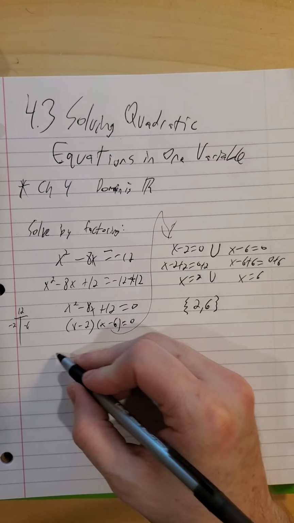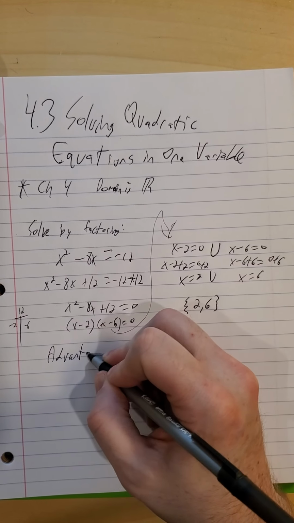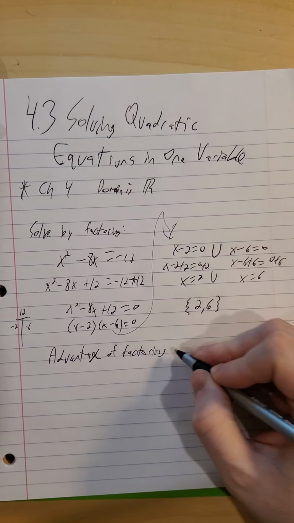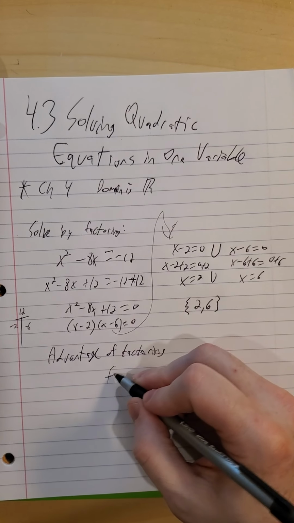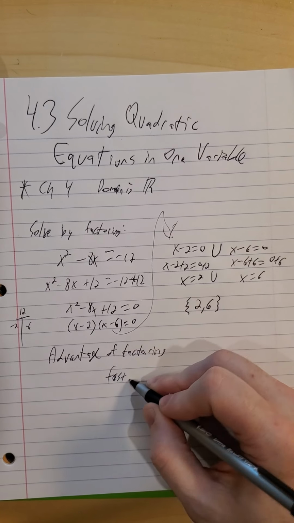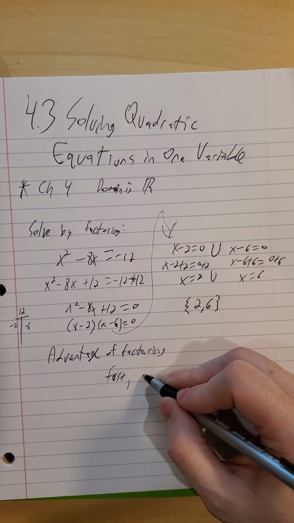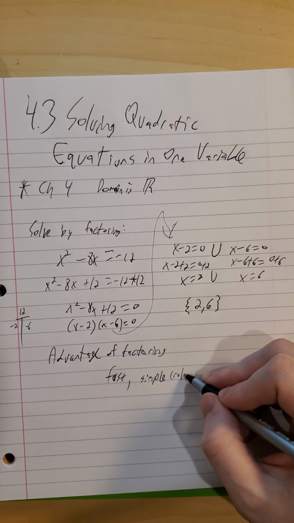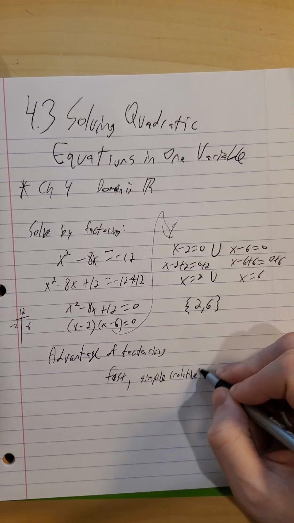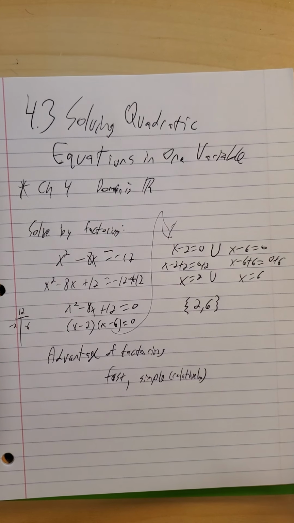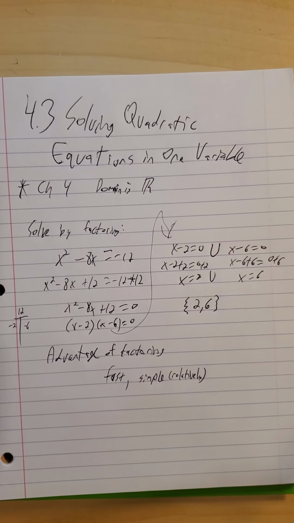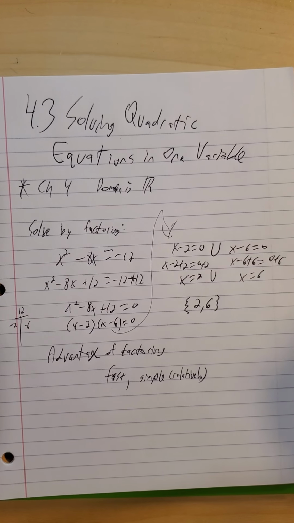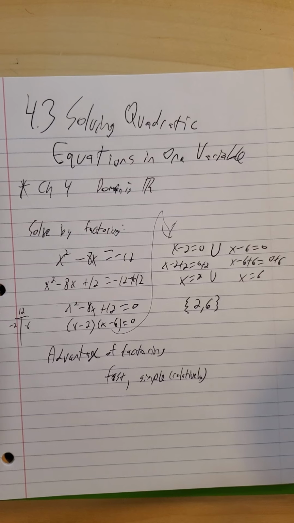So the advantage of factoring: fast and relatively simple. Again, relative. If it were easy, we wouldn't be going through it, but compared to other methods, it's not as challenging as some other methods can be.